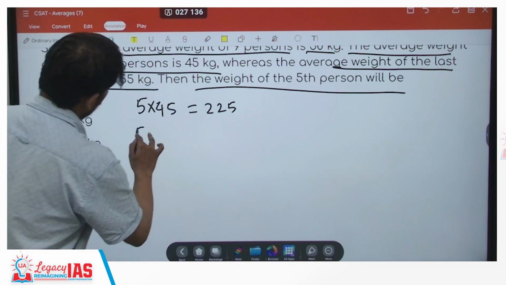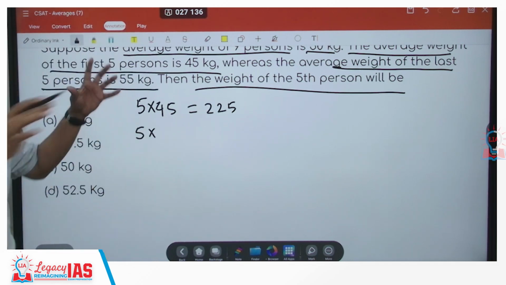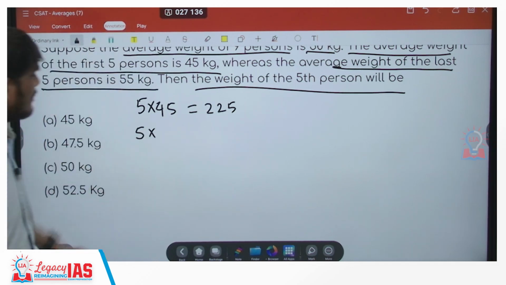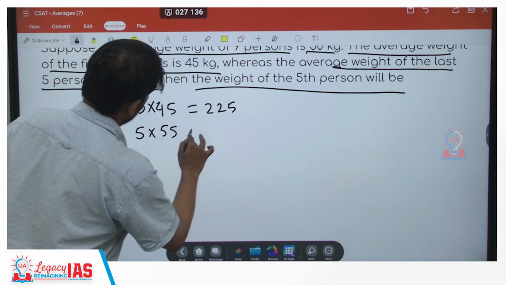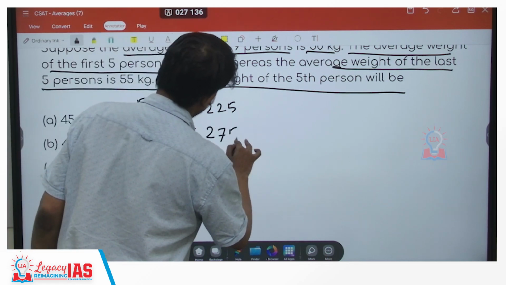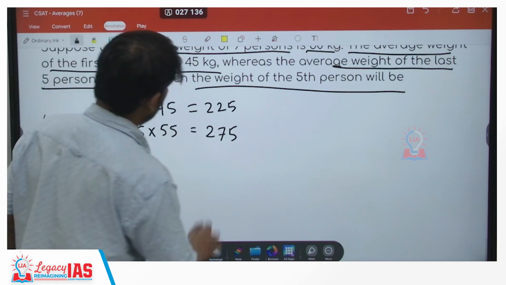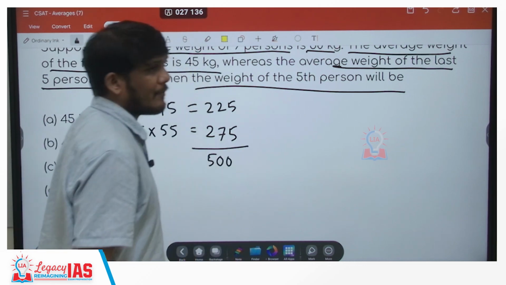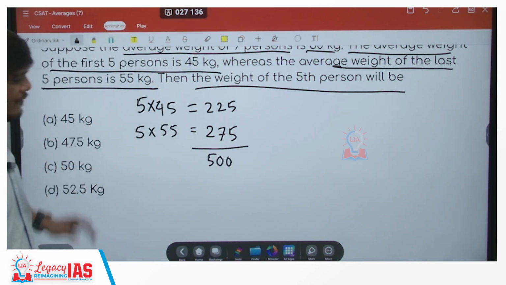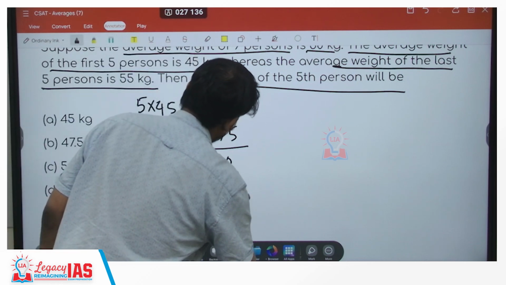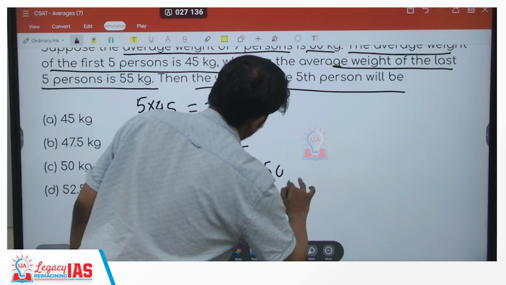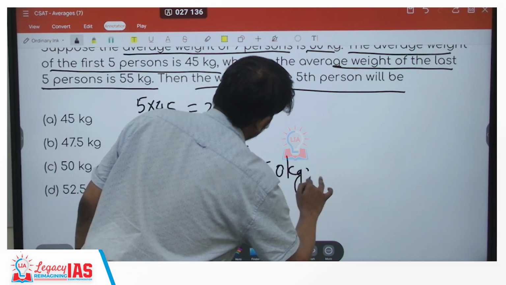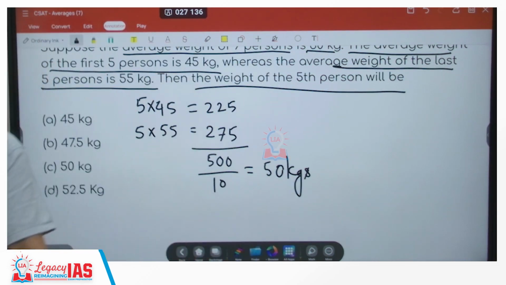The total weight of the next 5 people would be how much? 5 into 55, that is 275. Now, if we do that, the total weight comes out to be 500. And how many people have we taken into account? 5 plus 5, 10. So if we take an average, the average comes out to be what? 50 kgs. Now, please note, this is again logical reasoning you have to apply.